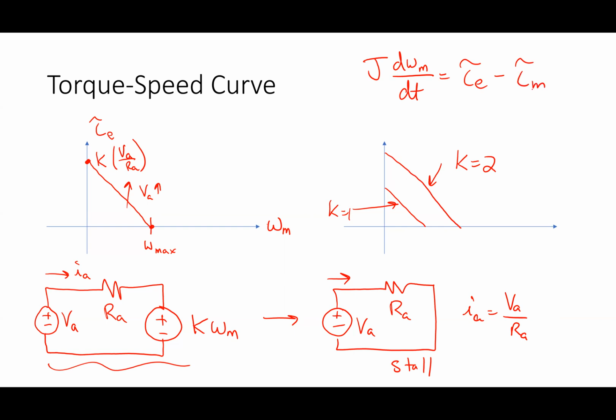There would be some tau mechanical curve, and wherever that curve intersects this tau e curve is where I would operate. If there's no load, my curve would be right here, and they would intersect right there. When I'm putting my finger on the shaft, I must be putting a load curve that's right here.